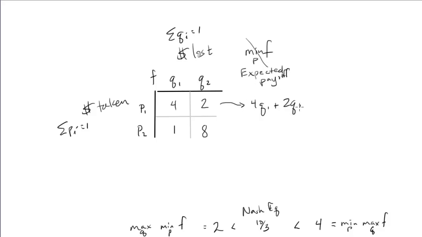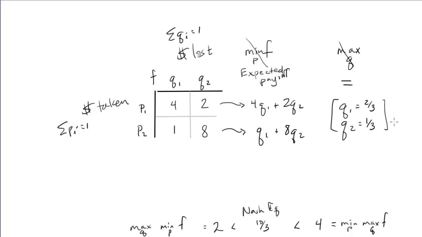And then instead of maximizing in Q, we just set those expectations equal and solve. Plugging those Q values in to the F, we get 10/3, our Nash equilibrium.